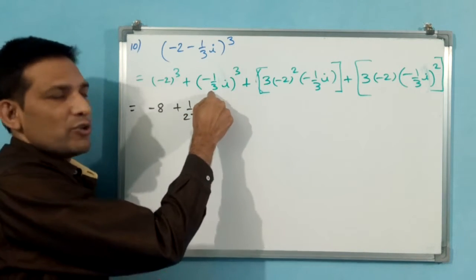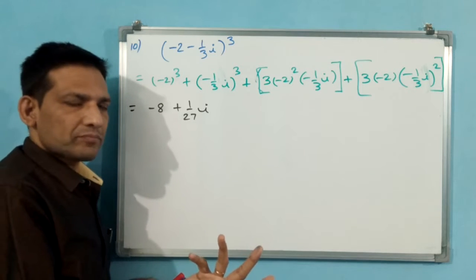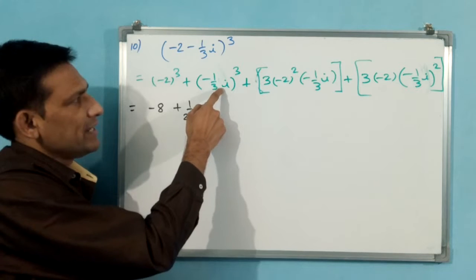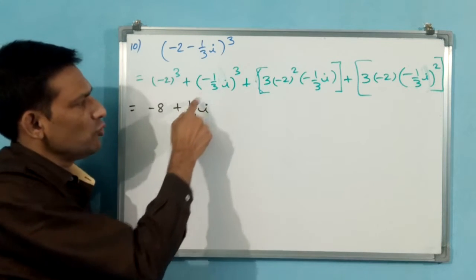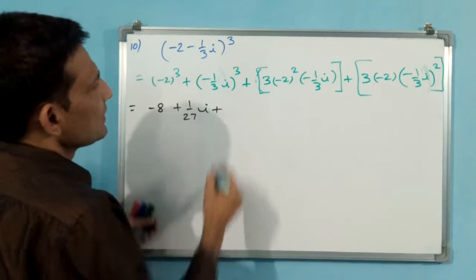So 1 by 27 into i cube, and i cube is minus i, so it becomes plus 1 by 27 i. Now go for this one.